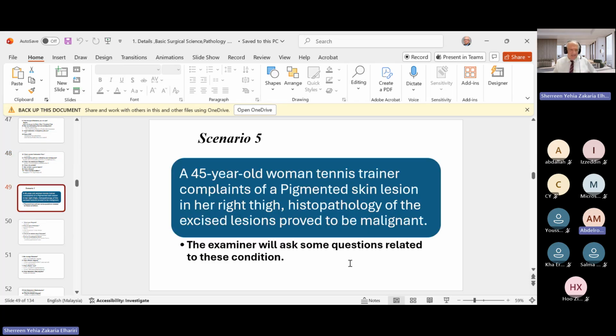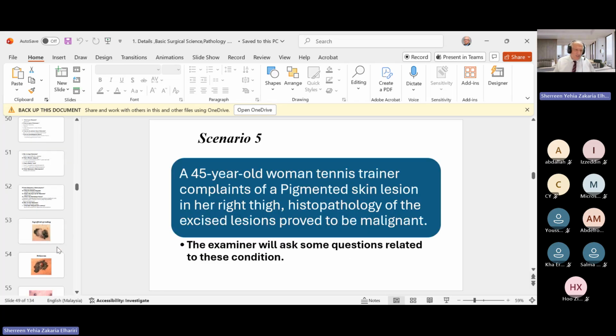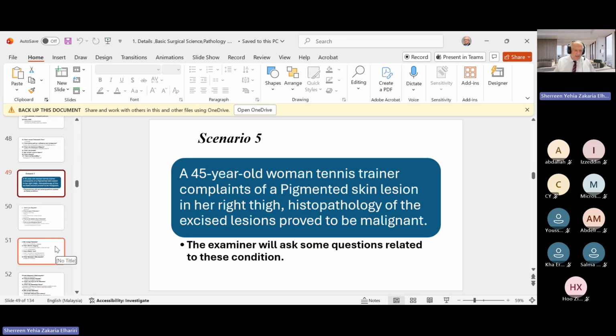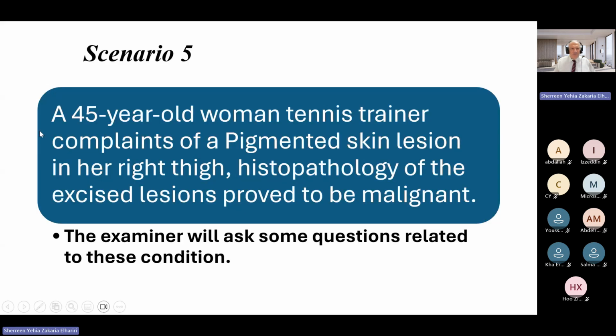We have another case. I think we're about to finish. This case is very common also. A 45 year old woman, tennis trainer, complains of pigmented skin lesions in the right thigh. Histopathology of the excised lesion proved to be malignant. Okay, all right.